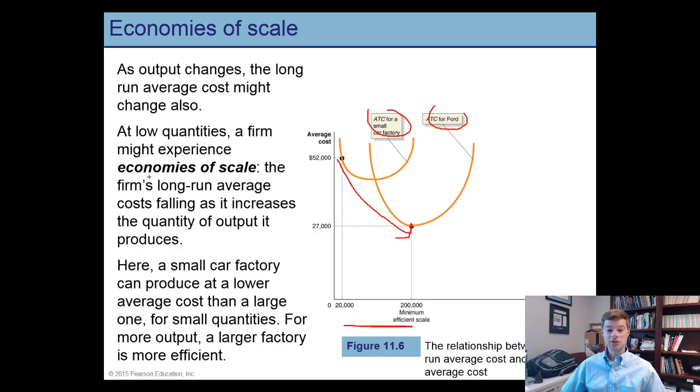And so in this region, the production process would exhibit economies of scale. That means if we double output, the total cost of production will less than double, so the average cost of production will go down.